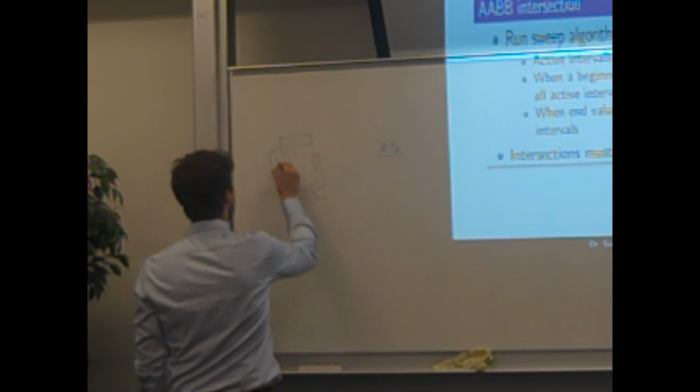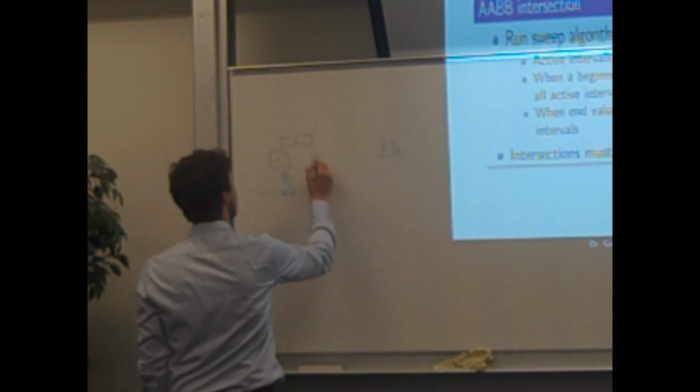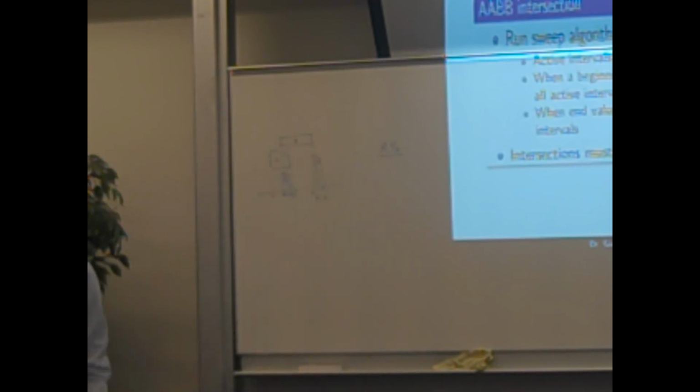We encounter A. Oh, wait a second. This is 1, this is 2, this is 3, this is 4. The numbers don't need to be sorted. These are just the IDs, the identifiers of the boxes.